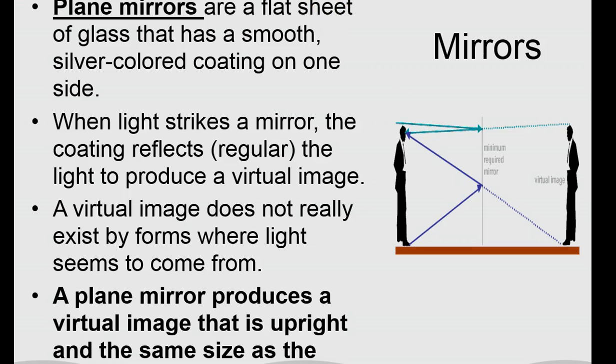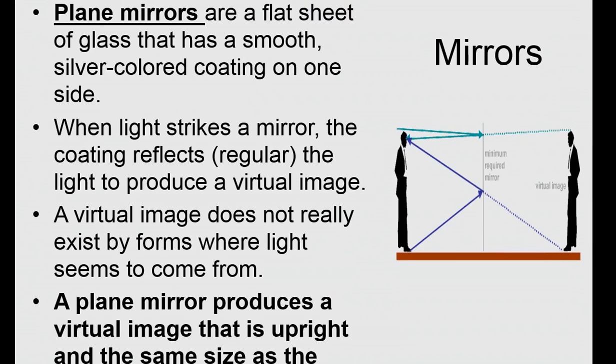So let's talk about some things that these images can bounce off, like plane mirrors. Plane mirrors are probably what you have in your bedroom or in your bathroom. They're a flat sheet of glass that has a smooth silver coating on one side. When light hits or strikes a mirror, the coating reflects the light to produce a virtual image.